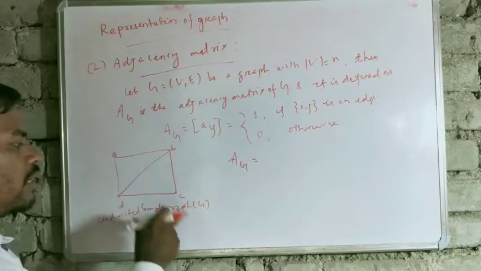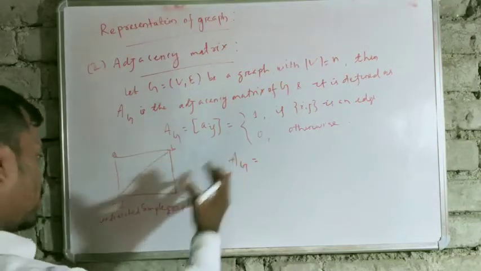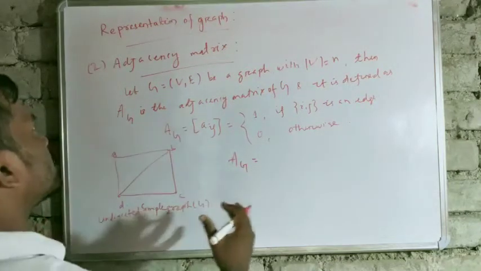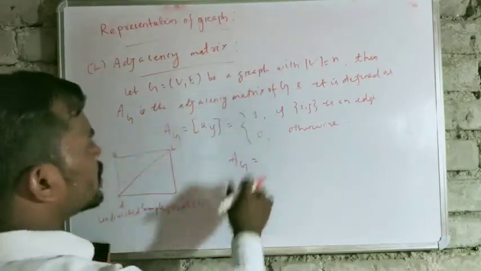This is an undirected simple graph G, and we will represent this graph in another form, that is your adjacency matrix form.